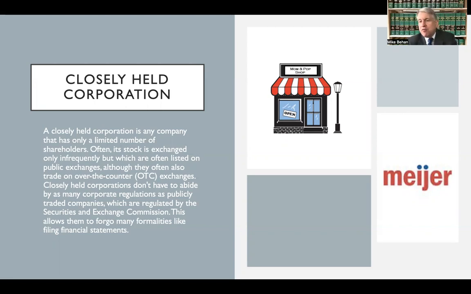I show the logo of Meijer because here locally, to me, that is always one of the classic examples of a very large, successful, profitable business that is not available for you and I to purchase shares of stock, as it is a closely held corporation. Whereas if we wish to go and become a part owner of Kroger, we certainly have the ability to do that when the stock market is open.